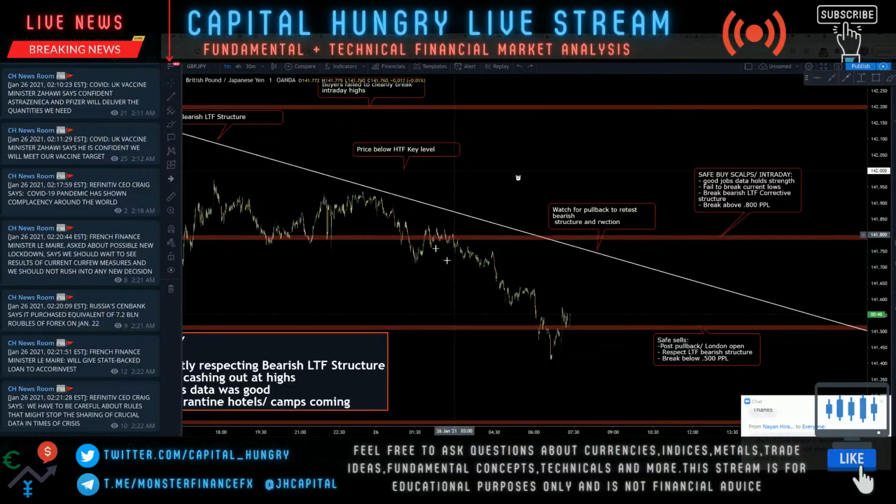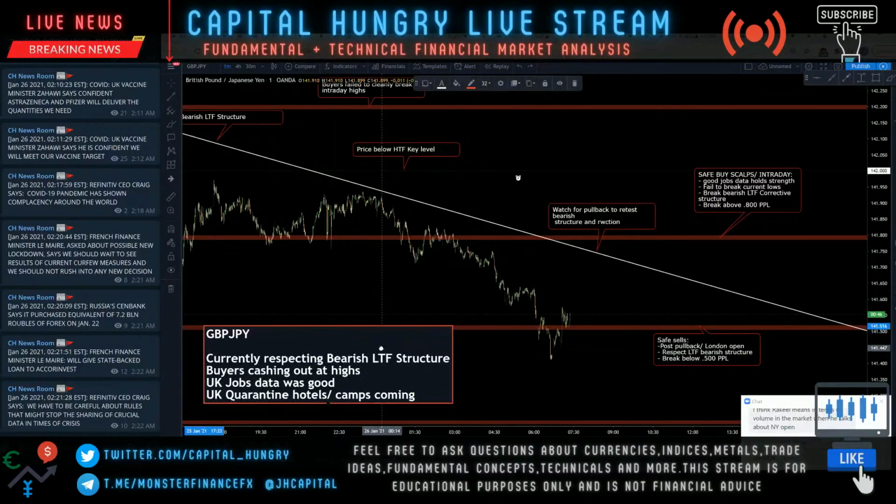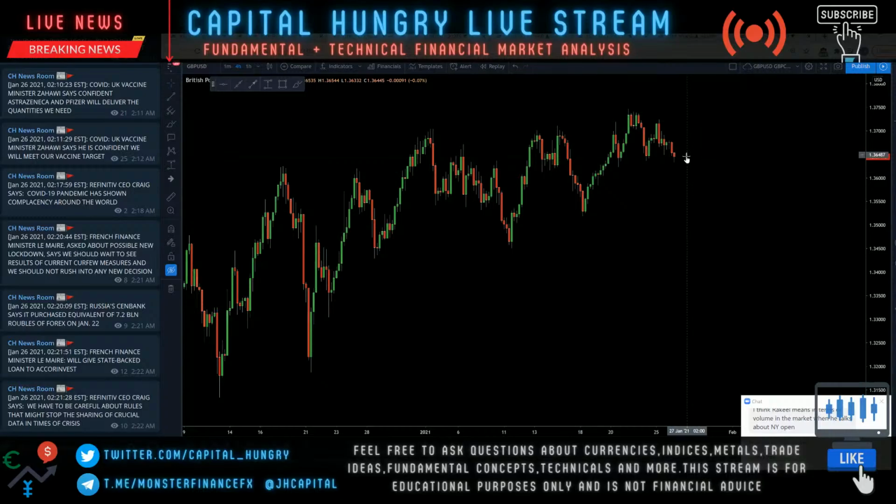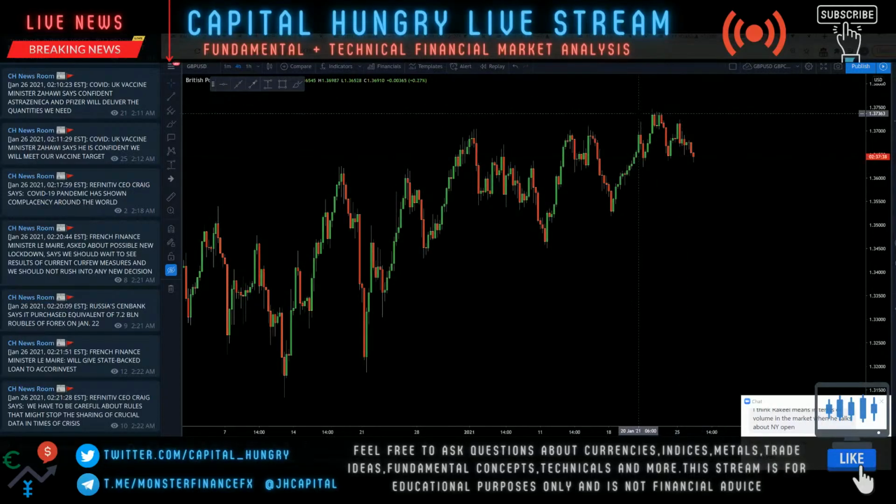Okay. So GJ looking like it's going to give us that pullback, still respecting 0.500. Now GBPUSD. The only difference we have on GU compared to GJ is that at least GU has created a new intraday high.